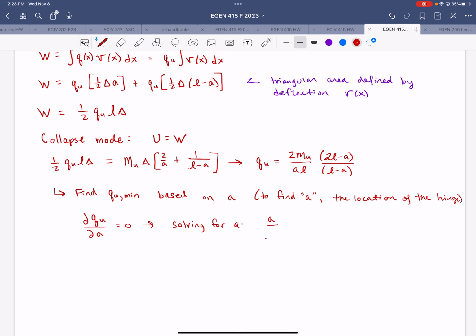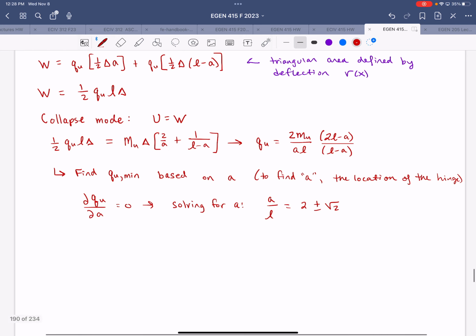we would get A over L is equal to 2 plus or minus the square root of 2. So looking at this critically, we have two options, but since A has to be less than L, it has to be within the length of the beam, that narrows it down to which one is correct. So let's see, since A is less than L, that leaves us with A over L is equal to 0.586.